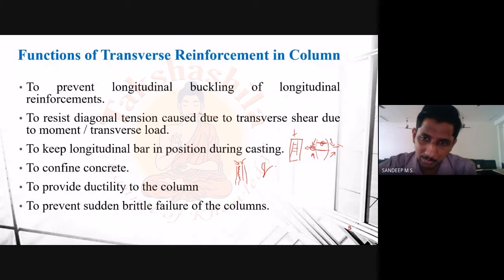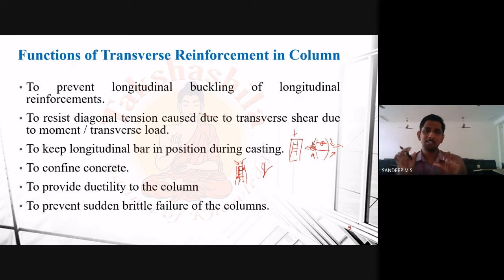So to prevent this, what we will usually do is provide ties so that all the longitudinal reinforcement will remain in position. In addition to this, we will also be providing some spacers inside these casings, so that it will keep the cover concrete in the required dimension.